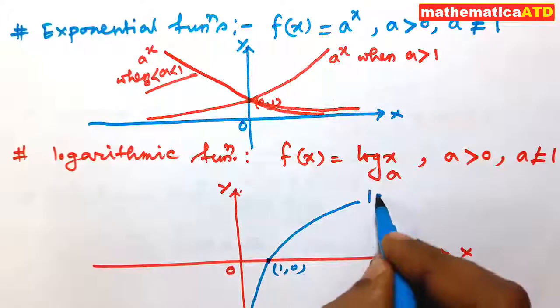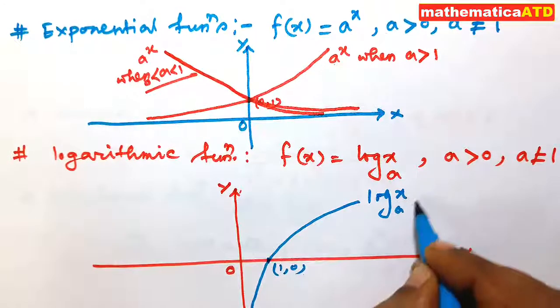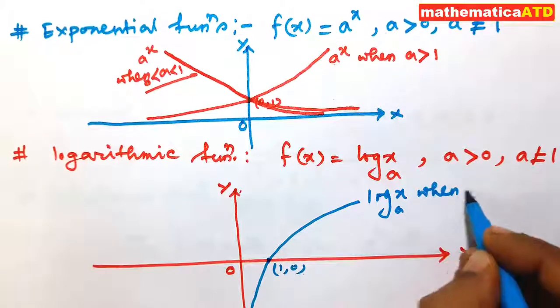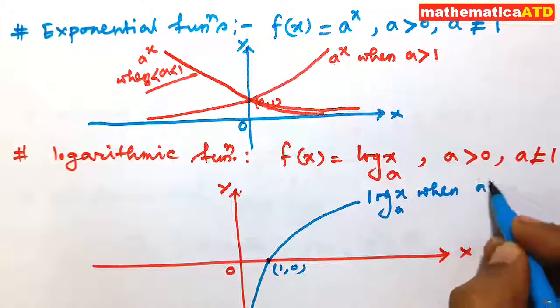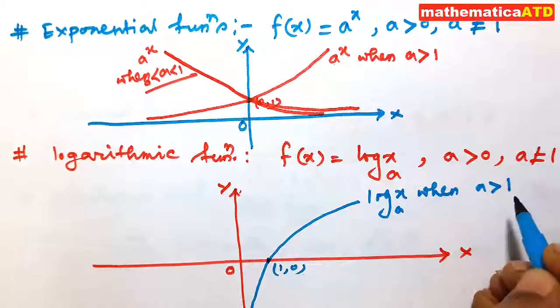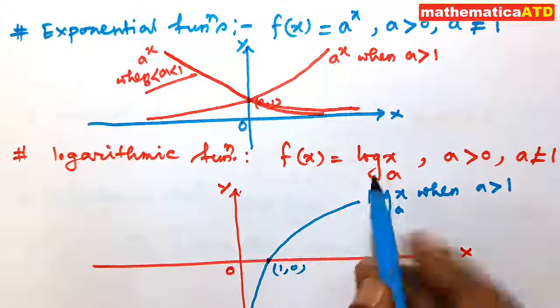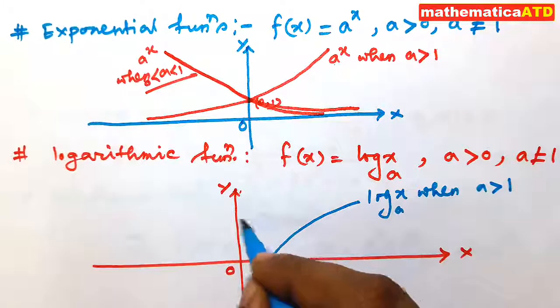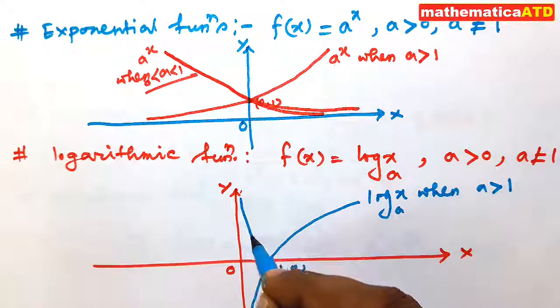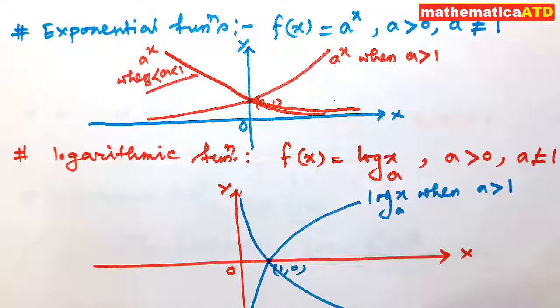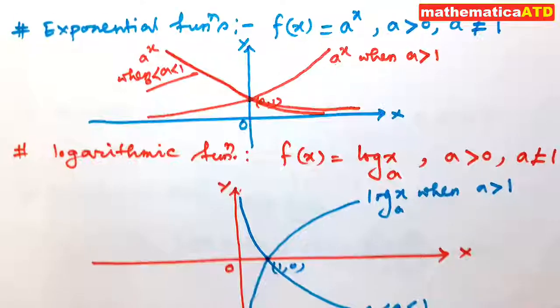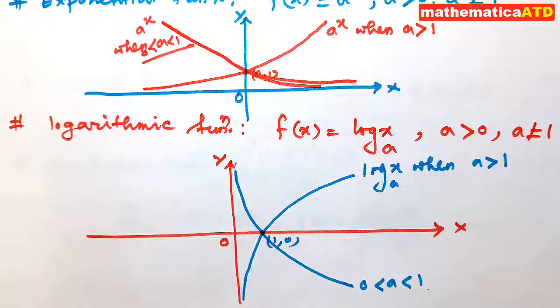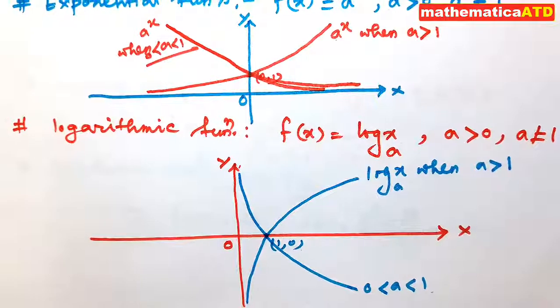This is log x base a, but this is only when the base a is greater than 1. And this curve of log x base a may be like this also. Again it will pass through (1, 0), and this will happen only when 0 is less than a less than 1.